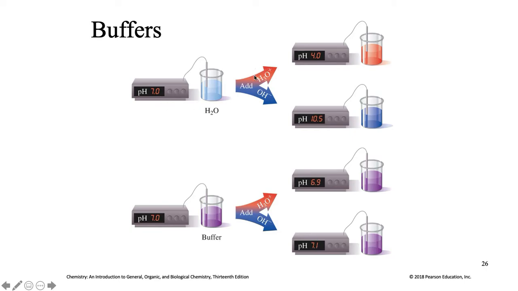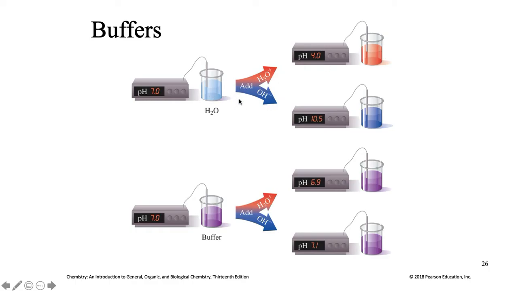If I add even small amounts of H3O+ to that water, you will see that the pH is going to drop very drastically because there's nothing in that solution to react with the H3O+ concentration that I added. And because the pH value is directly a measure of the H3O+ concentration in solution, whatever I add is going to lower the pH. It's going to make it much more acidic.